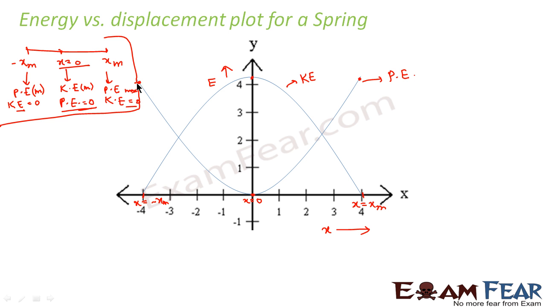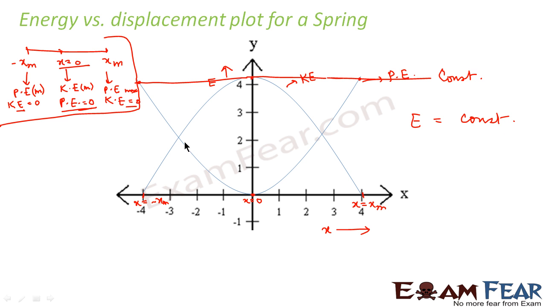So what do we see is, if we see the plot of total energy, we see that the total energy remains constant. Now you forget about these two plots. If you only observe this red line, you see that the total energy remains constant.